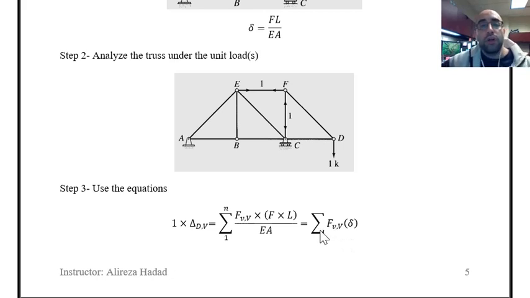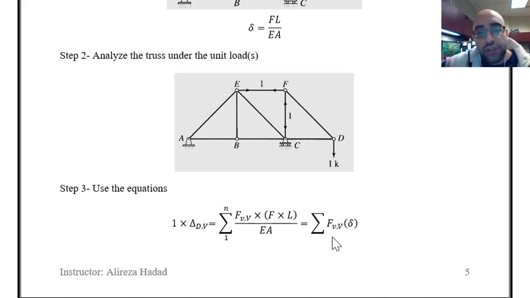We said the work done by virtual forces applied externally is equal to the work done by internal forces and loads. That's 1 multiplied by deflection is equal to the summation of internal forces multiplied by their own deflection. These two works or energies are equal. That is the very basic form of the virtual work method.